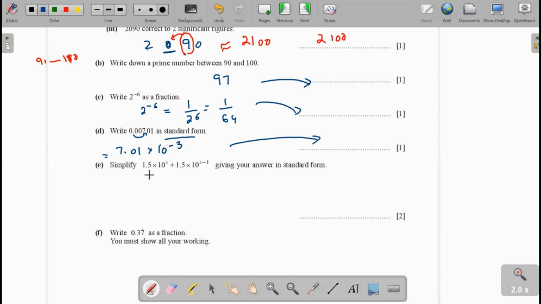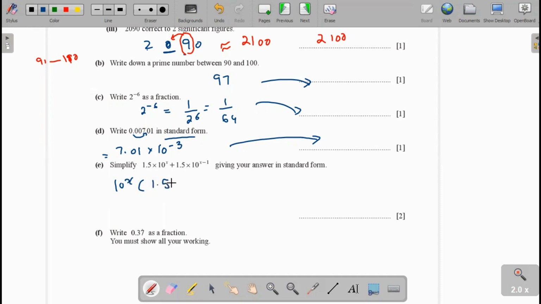Next is 1.5 times 10 power x plus 1.5 times 10 power x minus 1. Now we take the common factor in this expression. We take 10 power x as common.